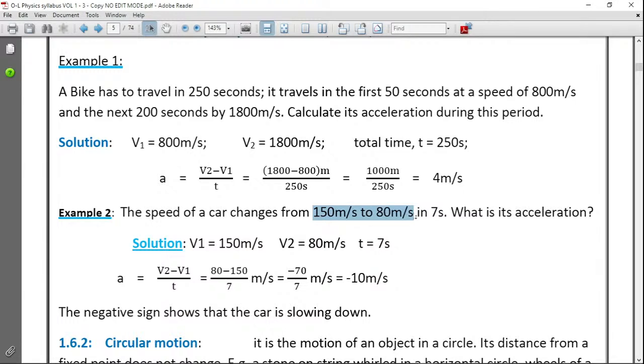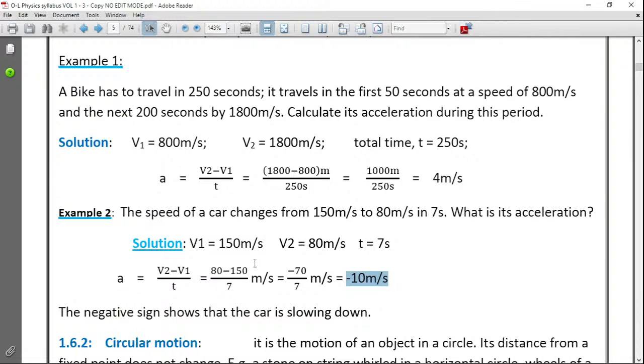During the GCE, they'll ask you, can you explain why the acceleration has a negative value? The explanation is, it has a negative value because the car is slowing down. This is a negative acceleration, also called a deceleration.